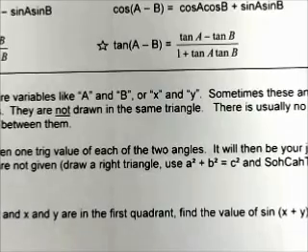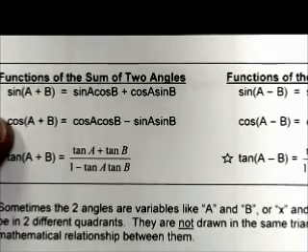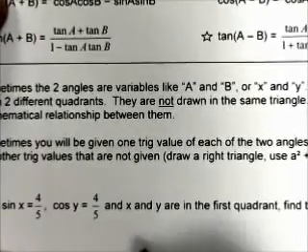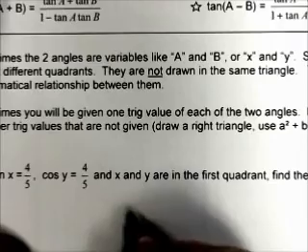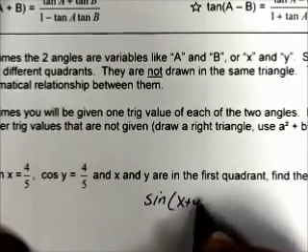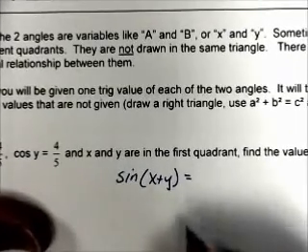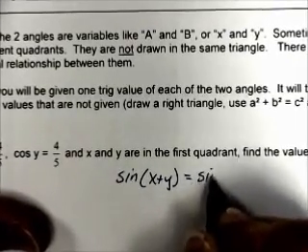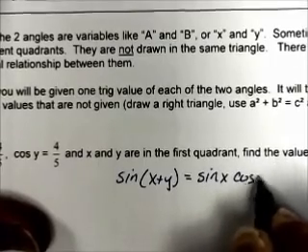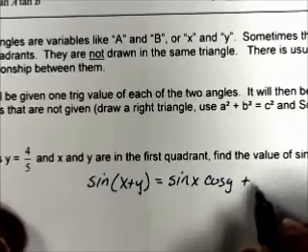Okay, well, sine of x plus y, sine of a plus b. So get it from the formula above. So sine of x plus y is going to equal sine x times cosine y plus cosine x times sine y.